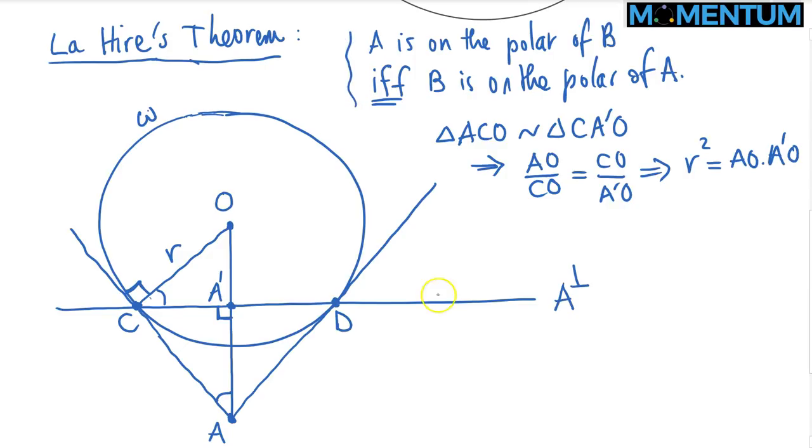Now we pick any random point on the polar of A, say this point B, and it's clearly on the polar of A. So let me just get rid of this part. Awesome.